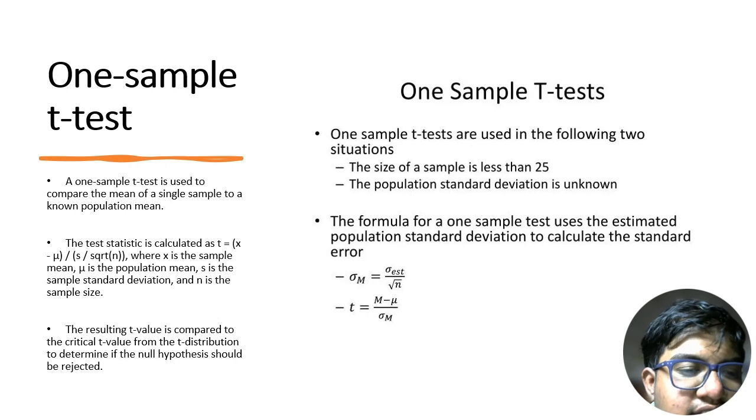The resulting t-value is compared to the critical t-value from the t-distribution table, which we saw before, to determine if the null hypothesis should be rejected or accepted.